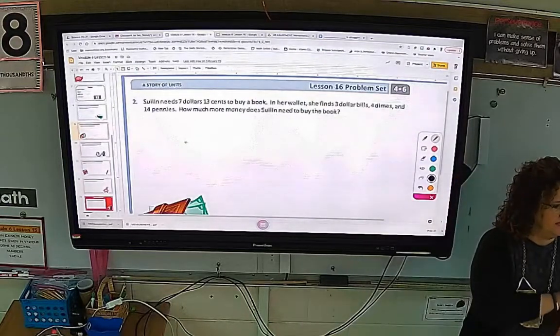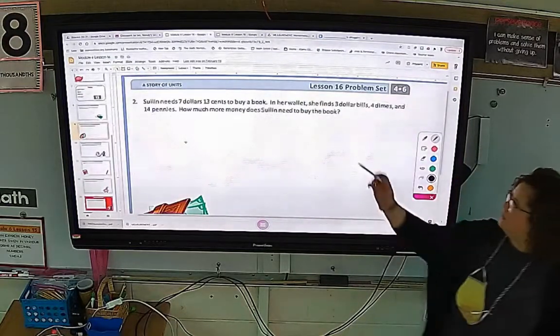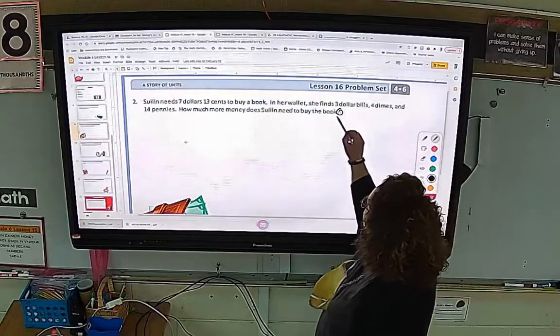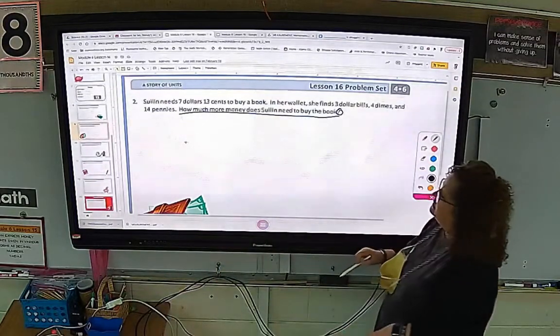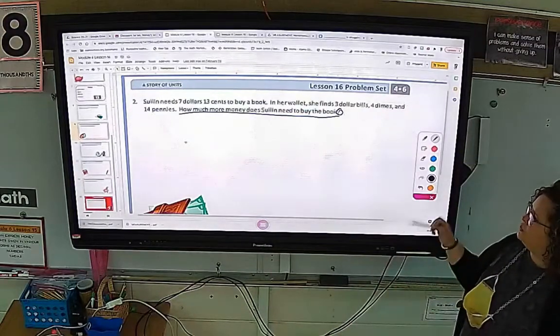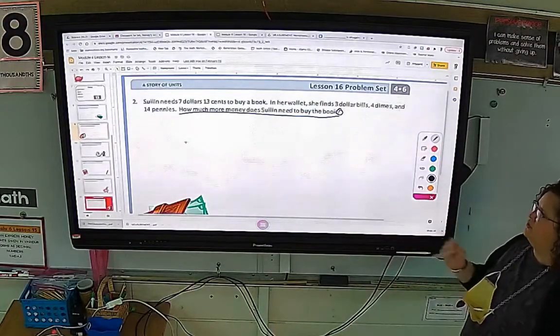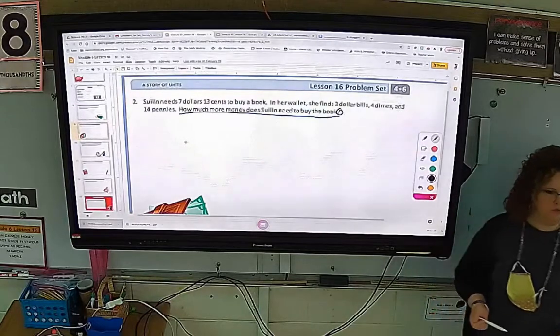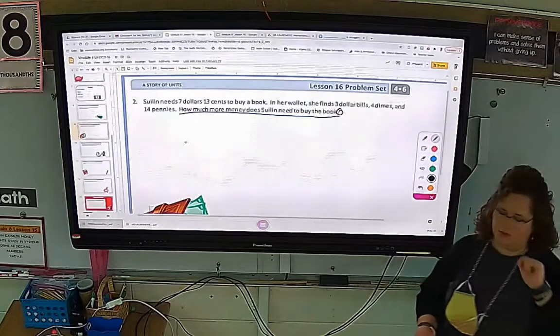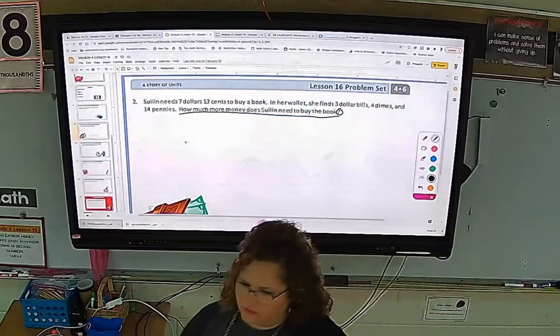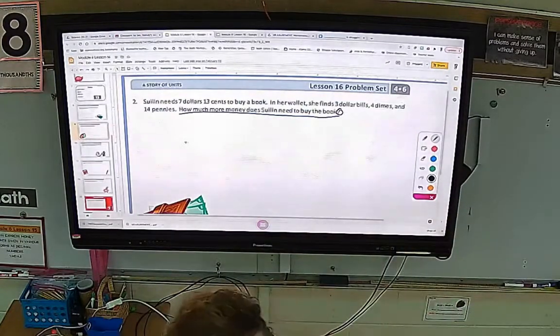So what kind of math problem? How much more money does Julia need to buy the book? So what would we do? This would be a subtraction problem. We've not done that a lot with decimals, but you do treat it the same way. You did that a little bit maybe yesterday when you were trying to see how close to $25 I was getting with my lunches.